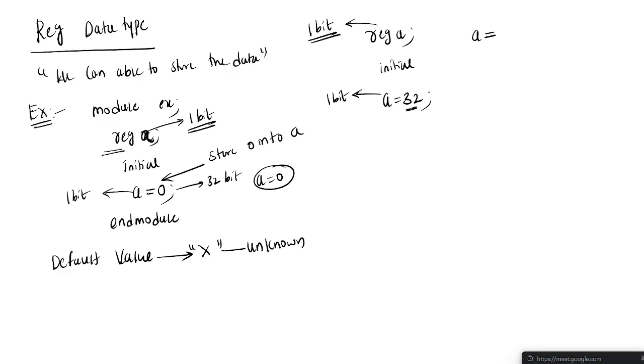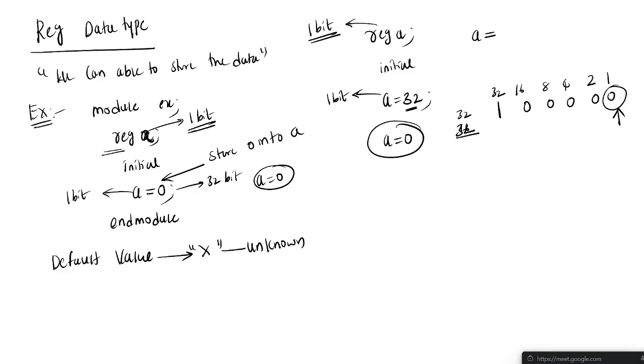Here 32 is there. 32 will be converted into binary. 32 is 1 followed by remaining 0s. This LSB is what? 0, no? So A will be stored with 0. It will store only the LSB bit. Why? Because it is 1 bit only, no?